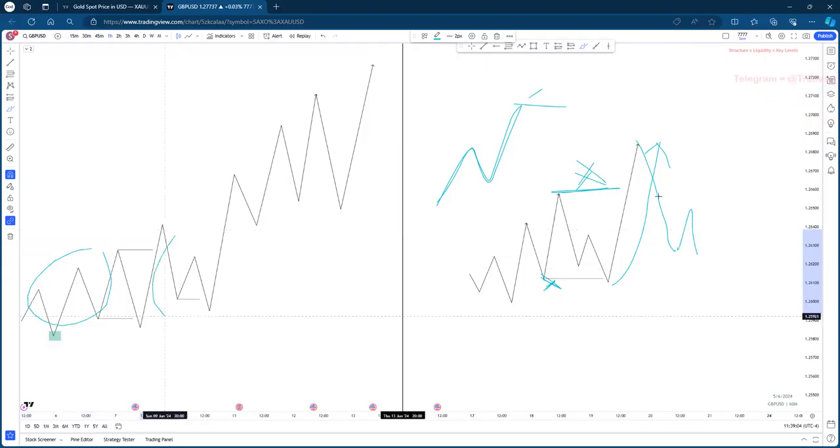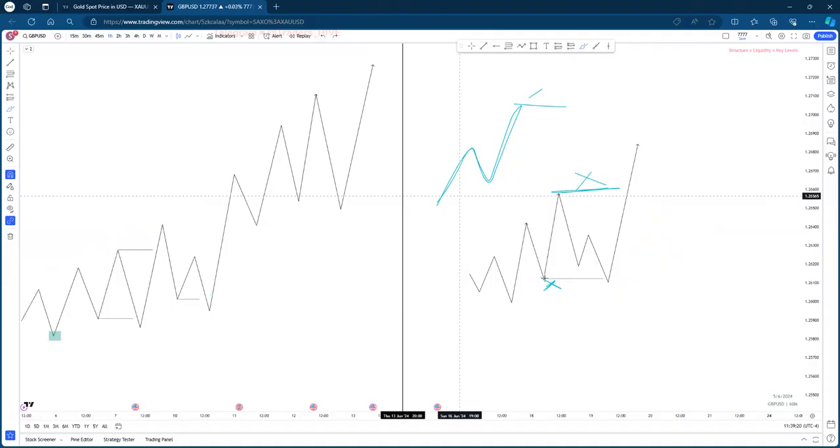The second phase is where price engineers its own liquidity. Pay attention to what I'm saying: price engineers its own liquidity. So, for internal range liquidity, after it is taken, price will give us an expansion to the upside. Then after external range liquidity is taken, price will give us what we call a reversal.